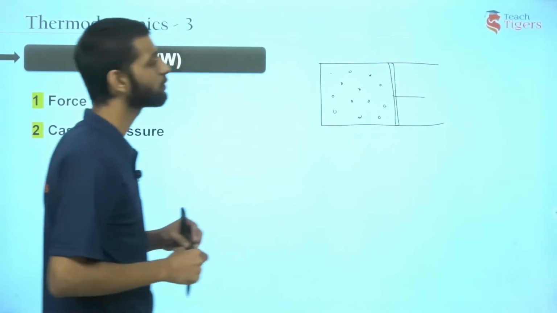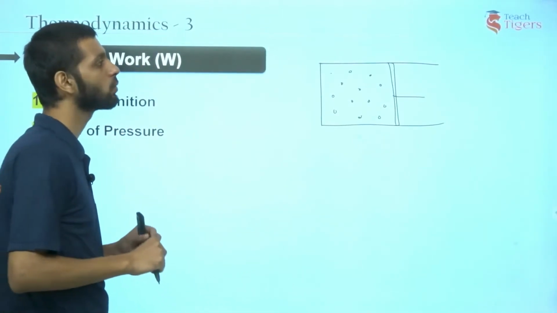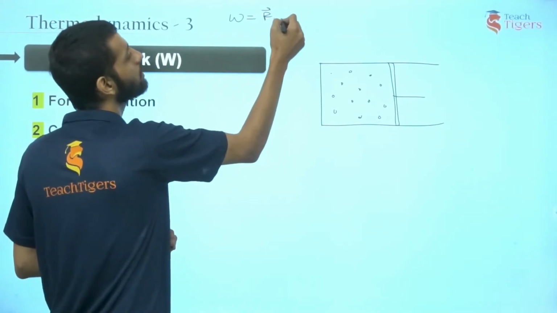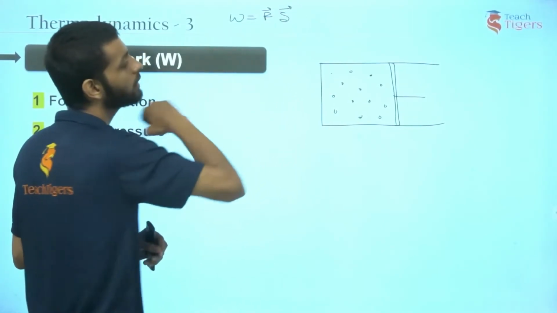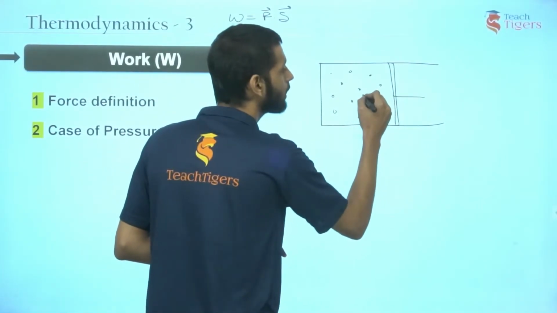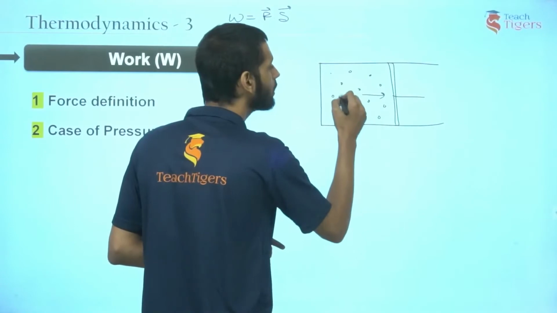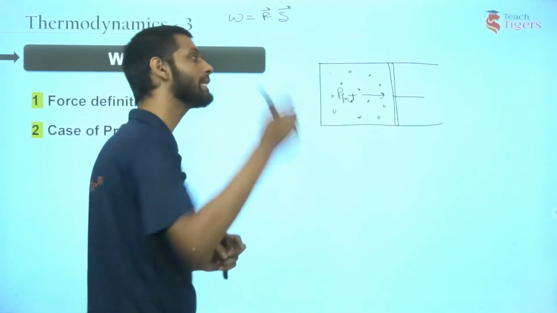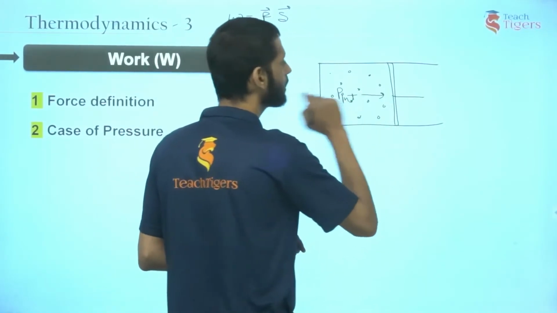So now we have to find a definition similar to the one we had earlier. Work is equal to force times displacement. Here we don't have force. Here we have pressure. I'm going to write P internal, which is the pressure due to gas present inside the piston.